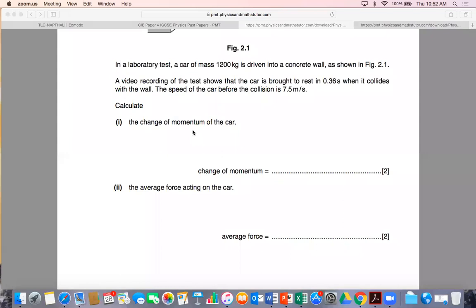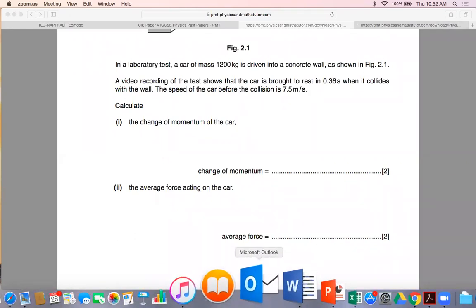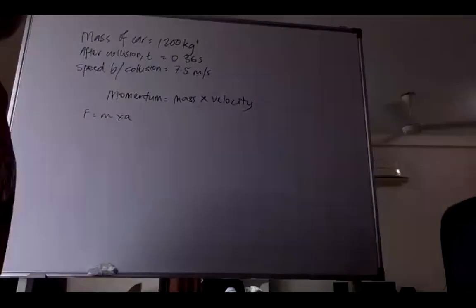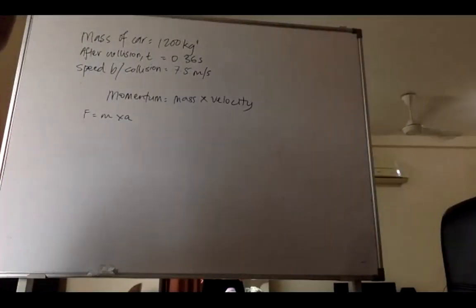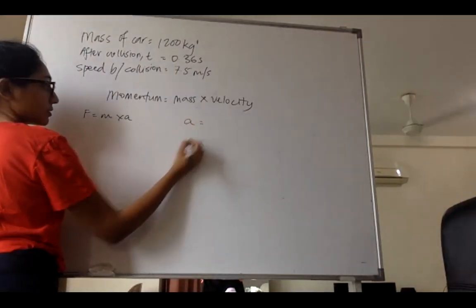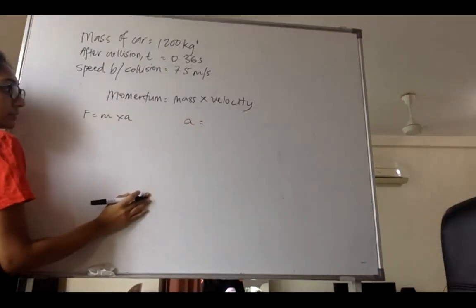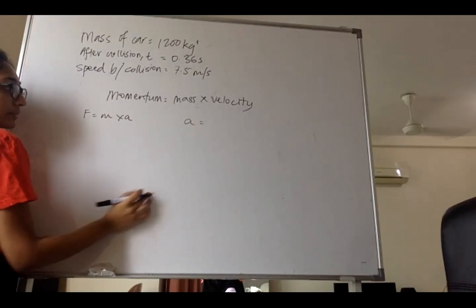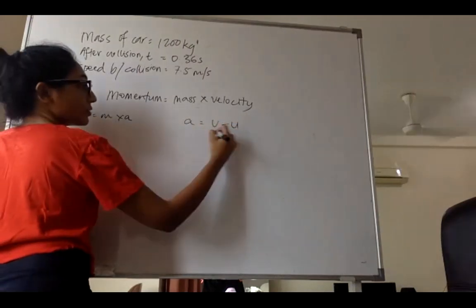Yes. So that is the formula we can use. We know what the mass is, but we need to find the acceleration. So how do we calculate acceleration? It's v minus u over t.